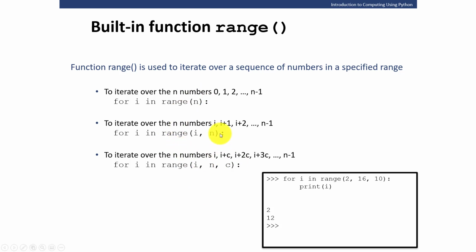This will be covered in the object-oriented chapter, and this is because the function range is overloaded. So if anybody asks you now how come function range can have multiple arguments and each parameter will do something, that's because the function range is implemented as an overloaded function.